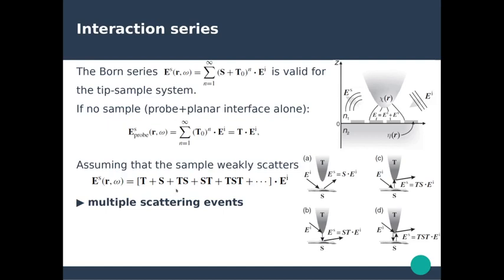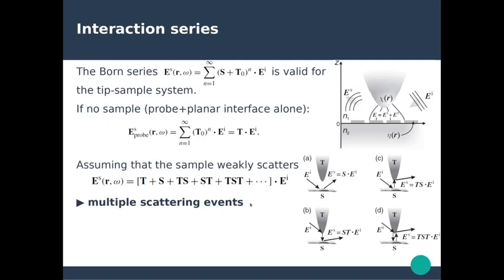So the first term and the second term are just the incident field coming onto the sample for the S and being scattered, or coming onto the tip and being scattered. So this is only one scattering event. That's what is shown in this figure A here. Now the third and the fourth terms, TS and ST, are two scattering events occurring successively on the tip and then on the sample, or first on the sample and then on the tip.